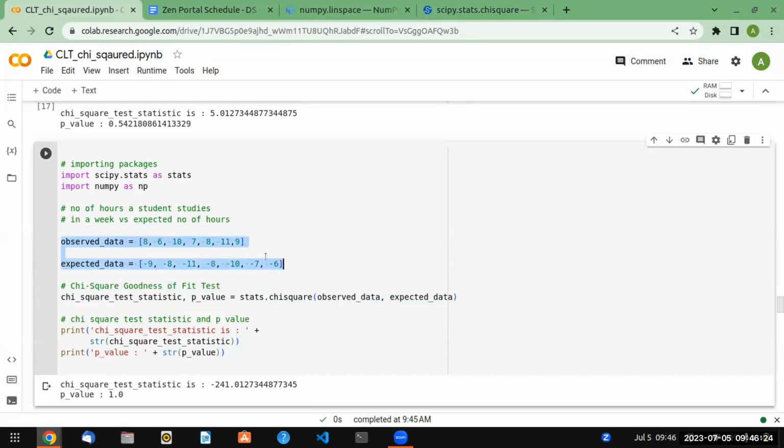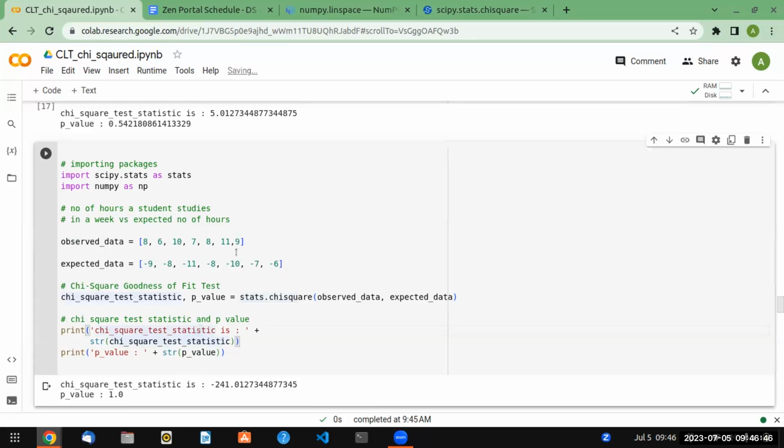Now, when I knowingly pass these two different values in this chi-square statistic, what am I getting? A higher value of test statistic, that also negative, and the p-value is also 1. That means the more the test statistic, the more different the data.